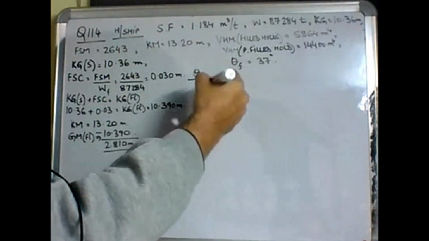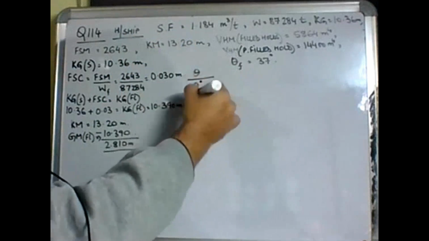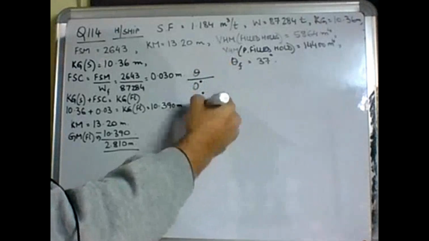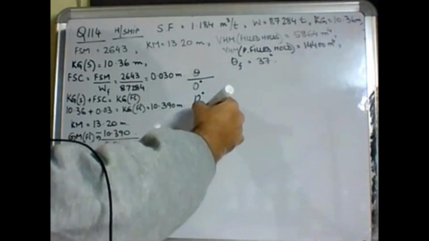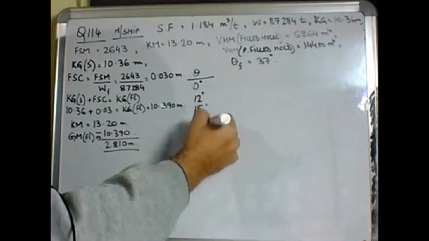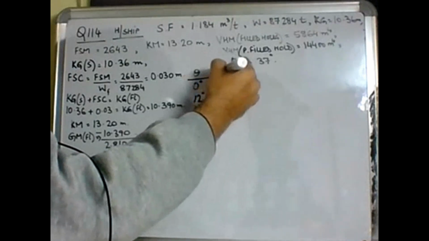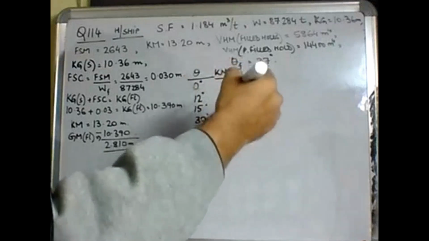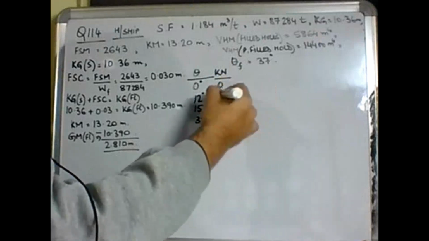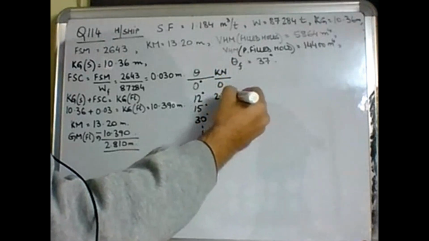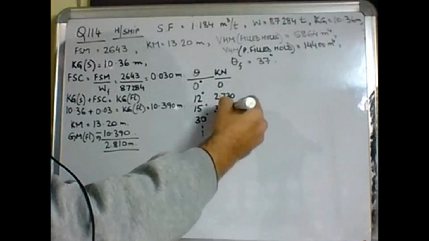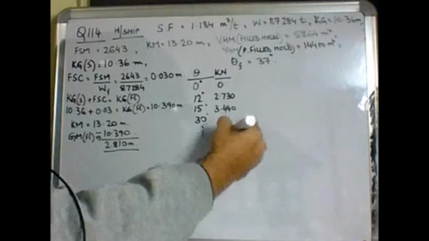Theta is given to you: 0, 12, 15, 30, and so on. These values are given to you. The KN values are also given: 0 is 0, 12 is 2.730, 15 is 3.440, and so on. These are given in the question.